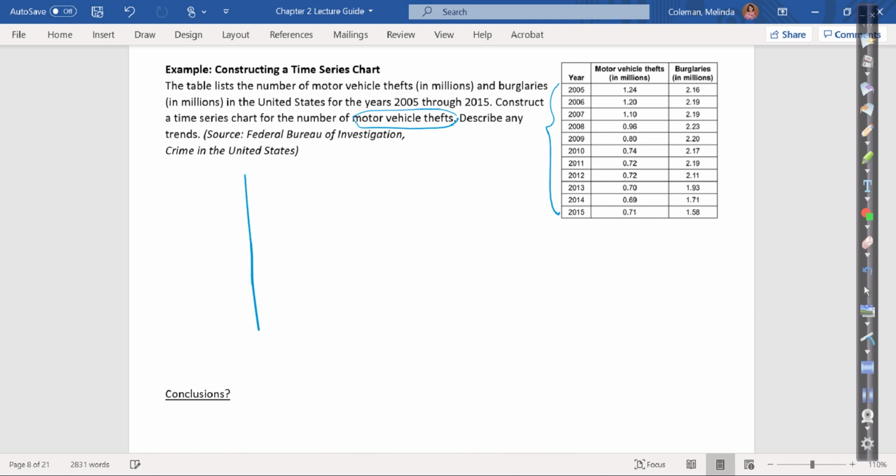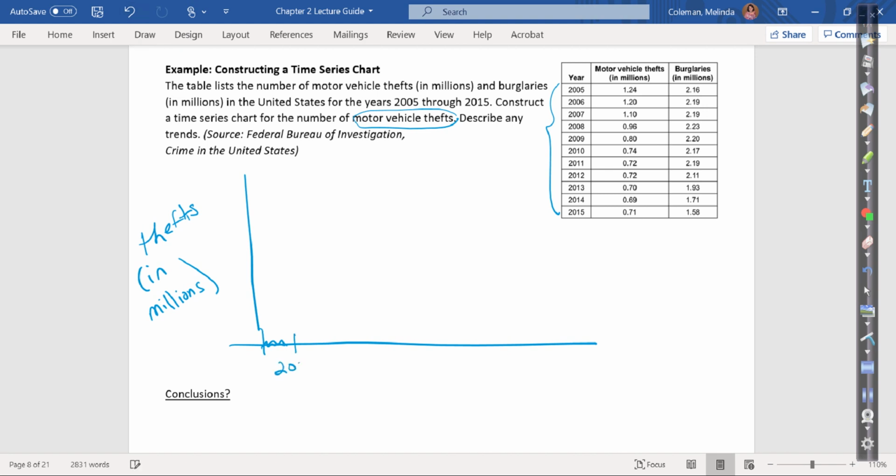So let's make our chart. This is going to be thefts. And again, we need to make sure that we tell them that this is in millions. Then across the x-axis, we will have a break in the graph because we're not starting at year 0.